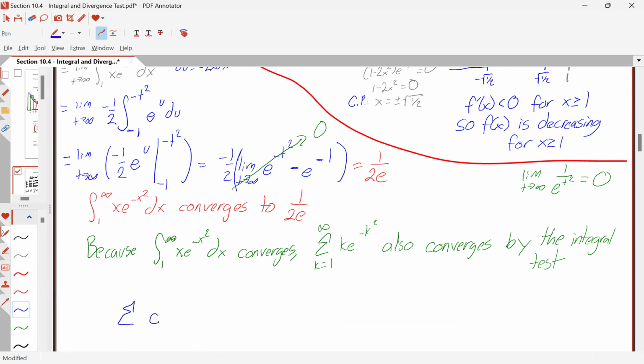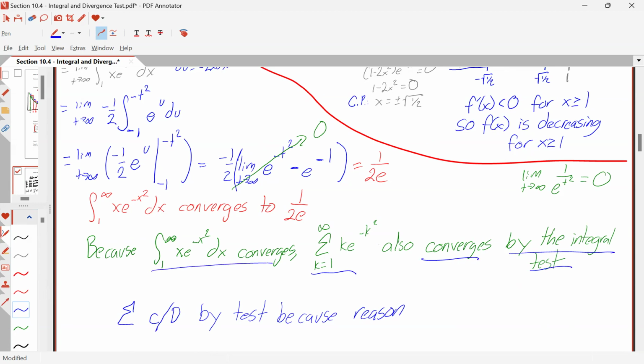The series converges or diverges by test because reason. The series converges by the integral test because the integral converges. There are all the properties for our complete sentence of justification.